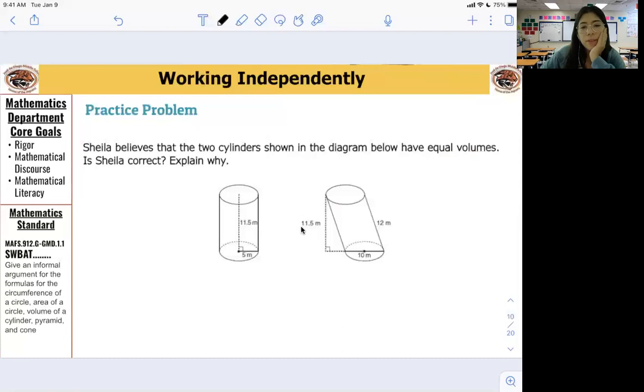So 11.5 is this measurement from the top to the bottom, making a right angle. The side is 12. So this length right here is 12. For this one, this is a right cylinder, so it already makes a 90-degree angle. So regardless, this is going to be the same.